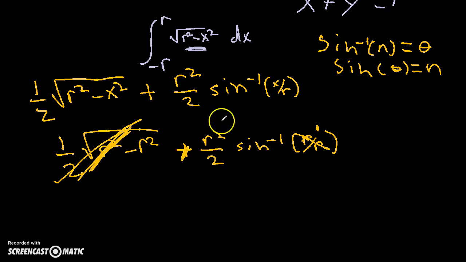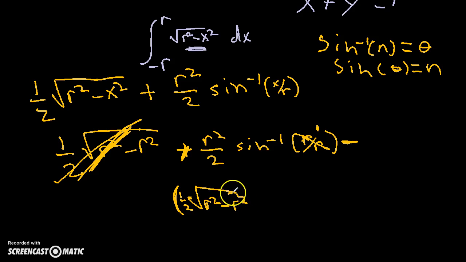And okay, now I'll continue this onto the next line, minus, put this in parentheses, what we're going to be subtracting: 1/2 times the square root of r squared minus, now let's plug in negative r for x, and the square of any negative number is just its positive version, so minus r squared.